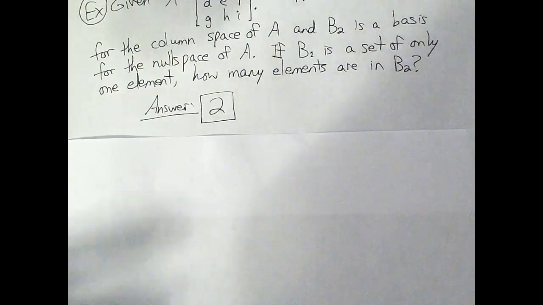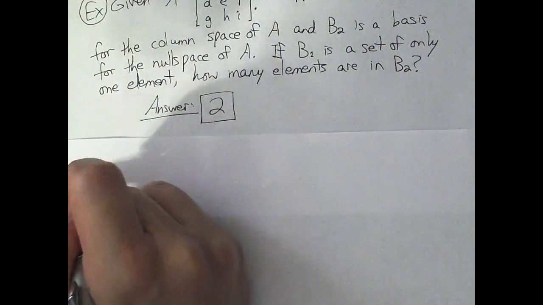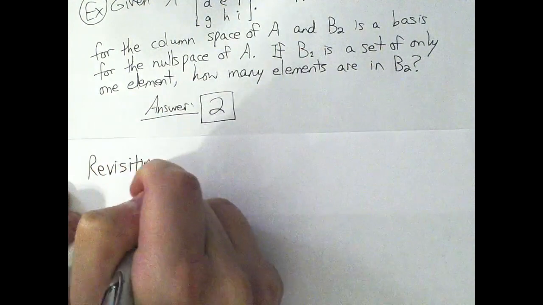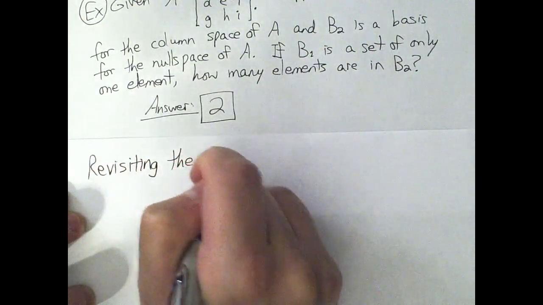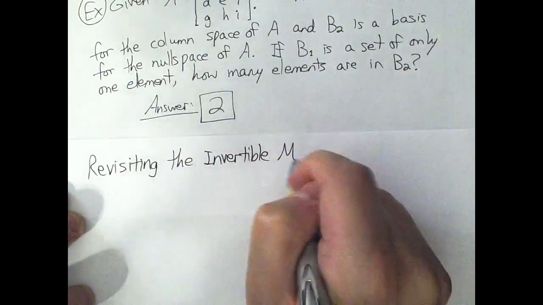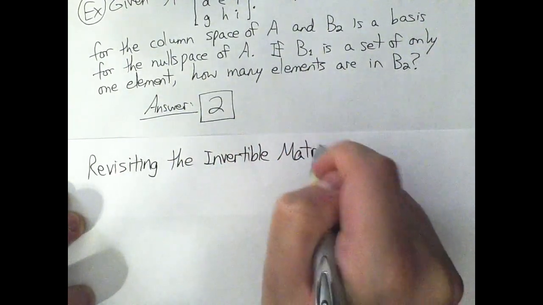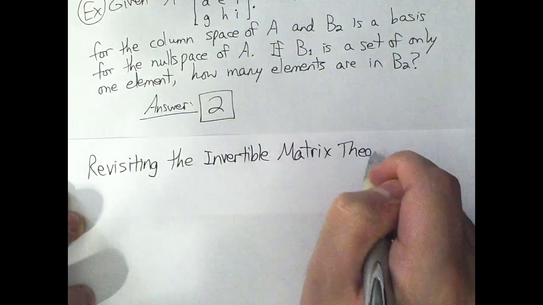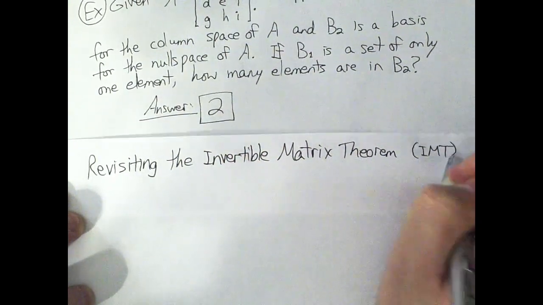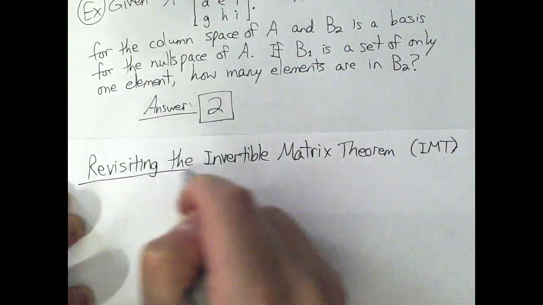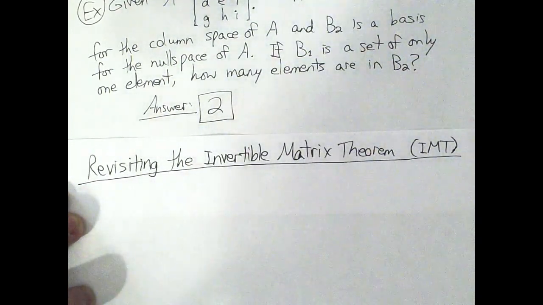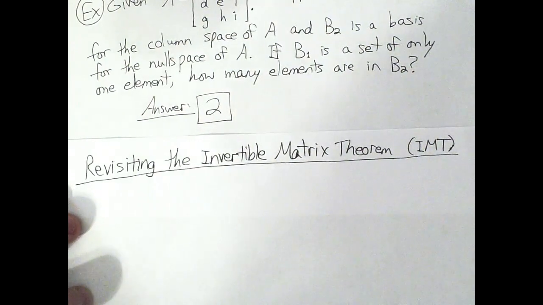And one of the big picture ideas of this course is we would like to revisit the invertible matrix theorem, which we might sometimes call the IMT. We talked about this back in the textbook section 2.3, I believe, characterizations of invertible matrices.